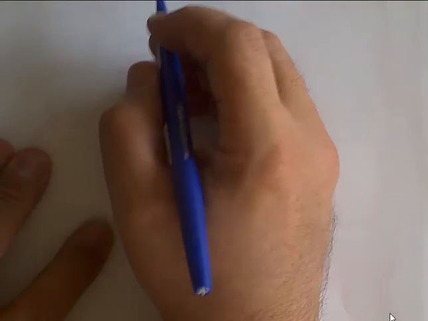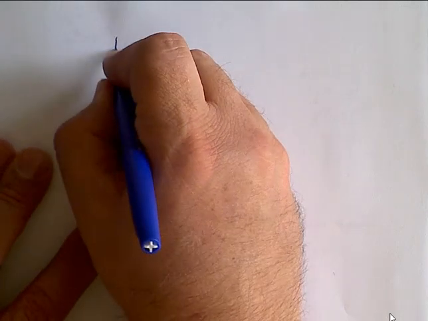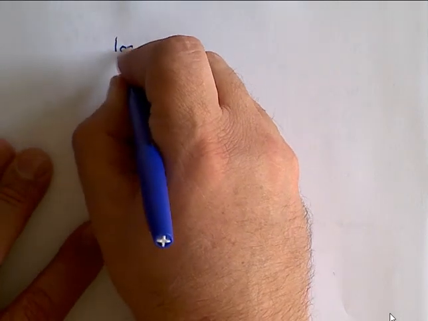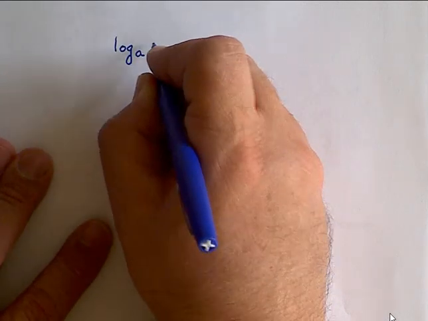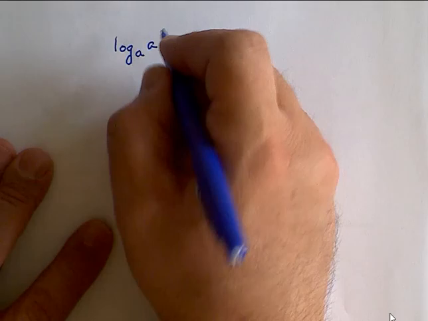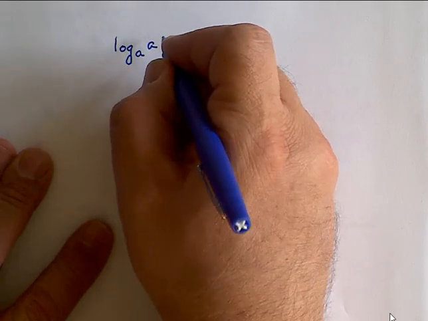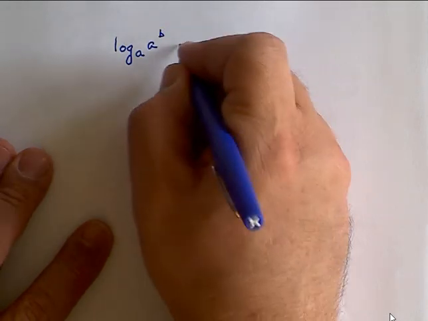Okay, so first of all, one of the things that we can do, and we kind of illustrated this with some of the problems, is that anytime you have an expression where you have a base here and a base here that are the same, they will cancel out so that the only thing that's left is your exponent.